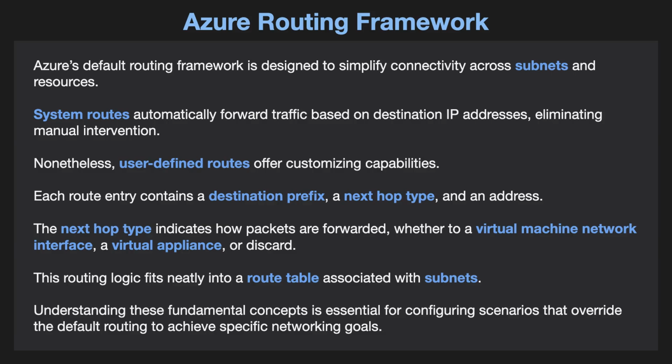The next hop type indicates how packets are forwarded, whether to a virtual machine network interface, a virtual appliance, or discard. This routing logic fits neatly into a route table associated with subnets. Understanding these fundamental concepts is essential for configuring scenarios that override the default routing to achieve specific networking goals.